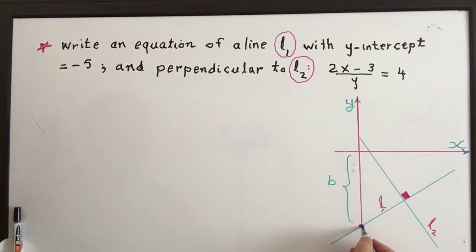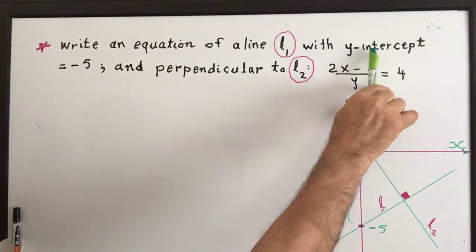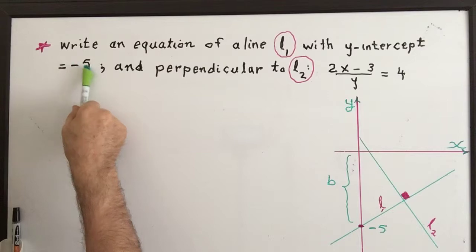So here's the number 5. As they said, the y-intercept is equal to -5.